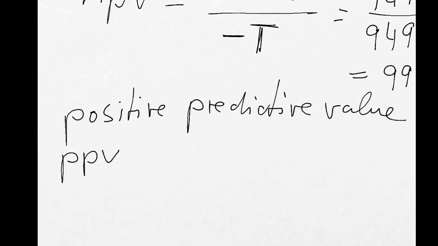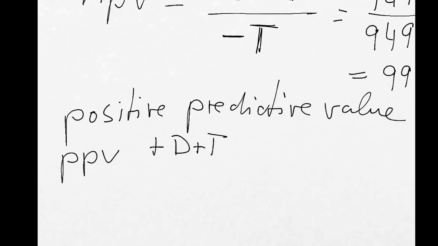And it is defined as plus D plus T, those who test positive and have the disease, divided by those who test positive.